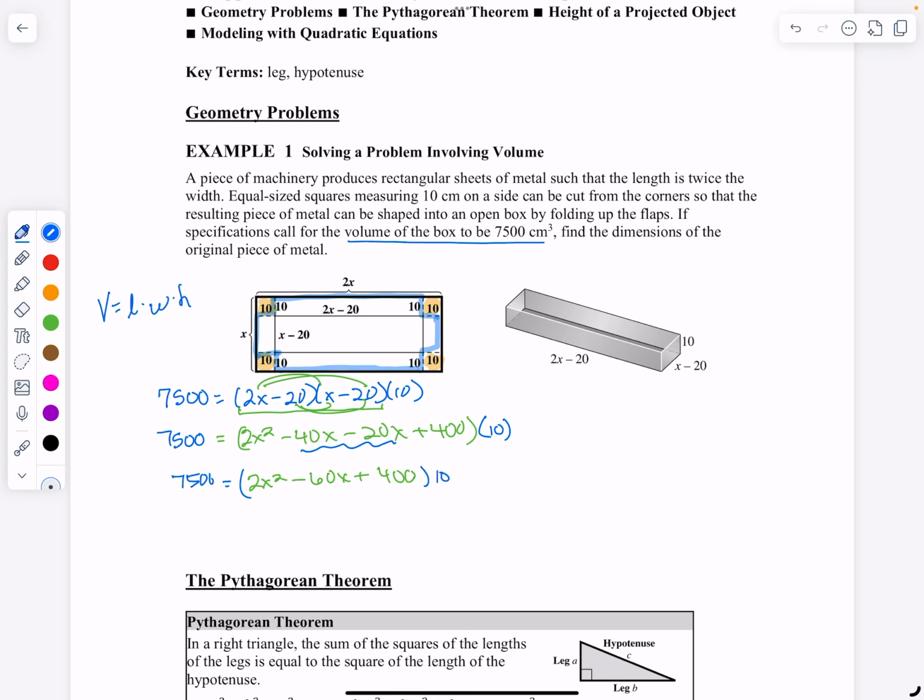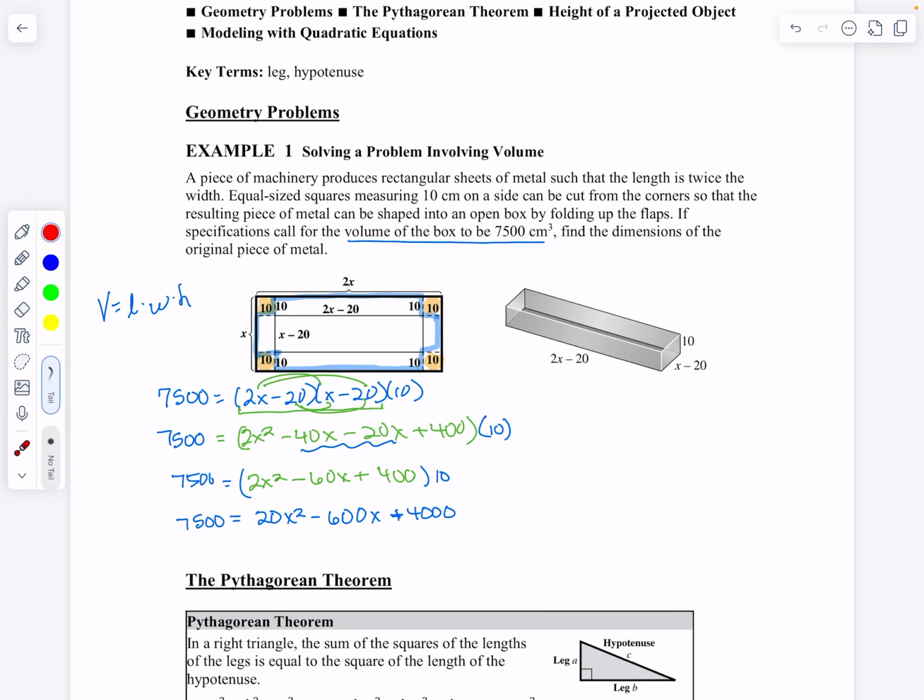Let's go ahead and distribute my 10 across. So 7,500 is now going to be 20x squared. Notice I'm multiplying each thing. 60 by 10 will give me 600. 400 times 10 will give me 4,000. All right, so now I've got a squared, but I need to set it equal to 0.